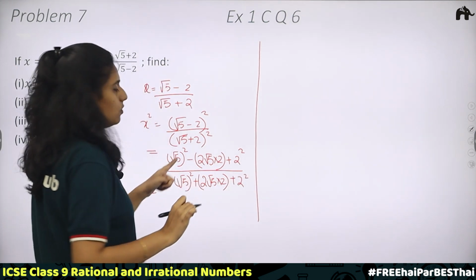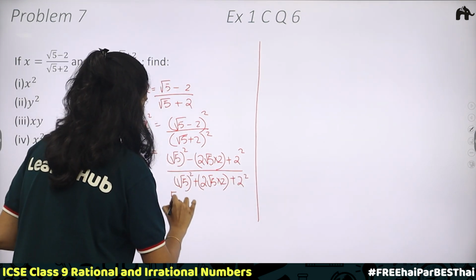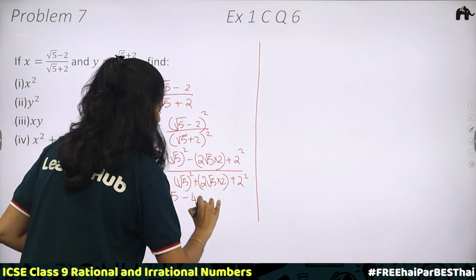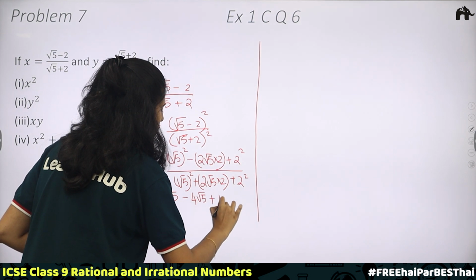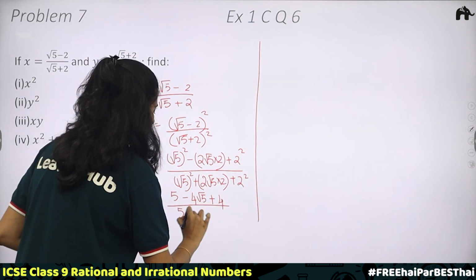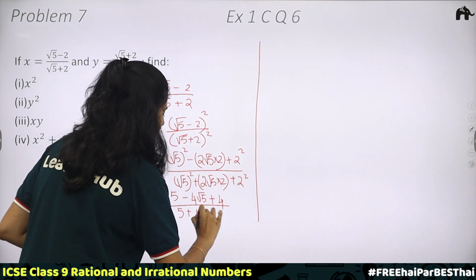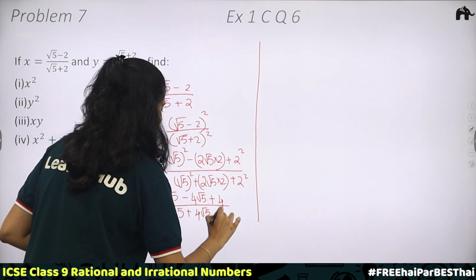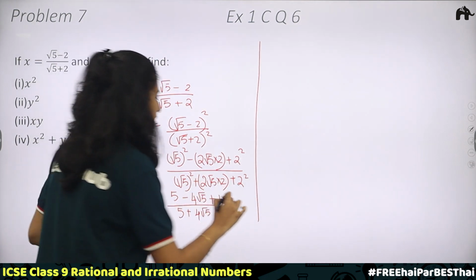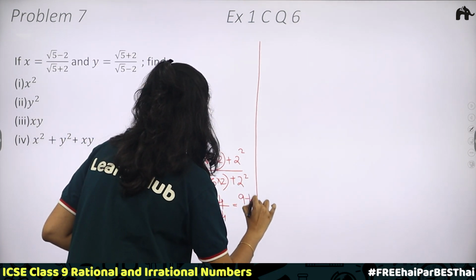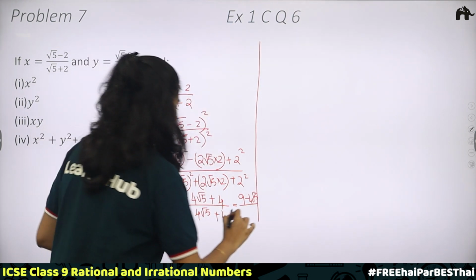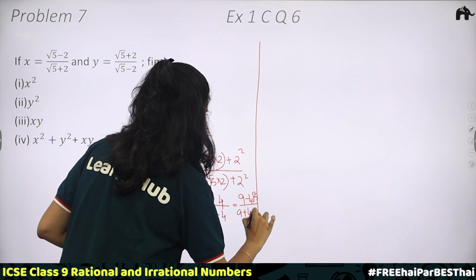Root 5 square is 5, minus 2 twos are 4, 4 root 5, plus 4, divided by 5 plus 4 root 5 plus 4, which is equal to 9 minus 4 root 5 divided by 9 plus 4 root 5.